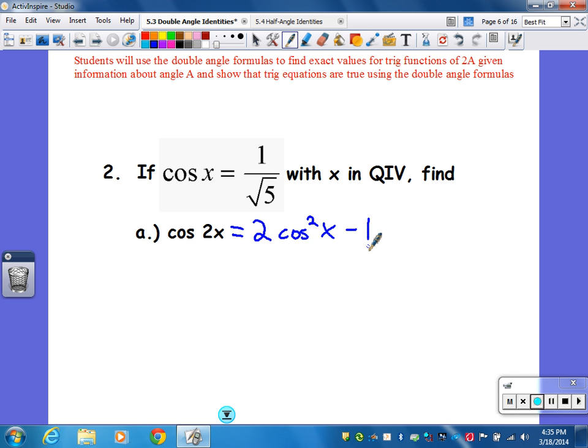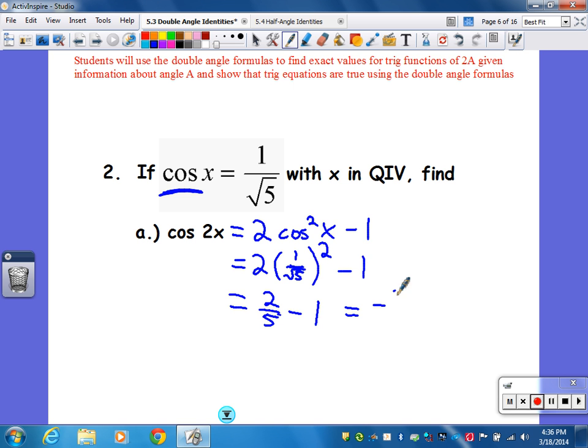Well, we have cosine x right there, so I'm going to just write 2 times 1 over the square root of 5 squared minus 1. Whoops, trying to do too many steps at once here. That's 2 over 5 minus 1, which is equal to negative 3/5.